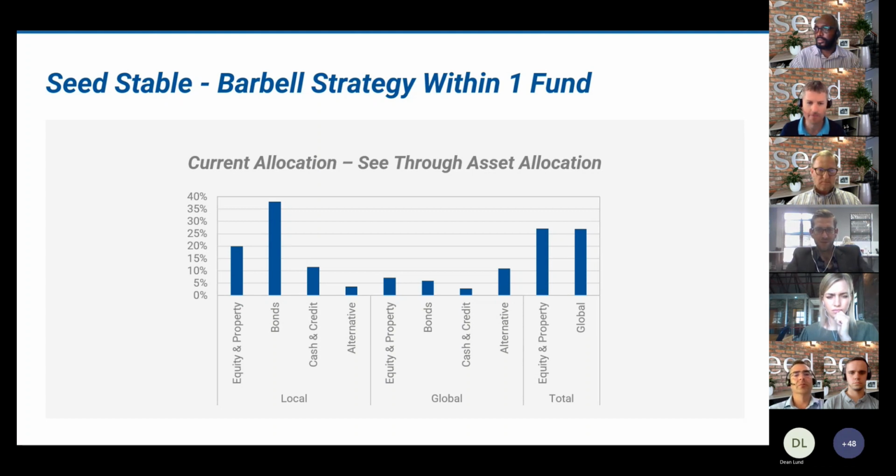As mentioned, it's a very diverse fund. We have just under 30% allocation to equity owned property if you're looking at both the local and global side. Global assets are sitting again between 25 and 30%. Quite a large allocation at the moment to bonds, which are yielding close to 11%.